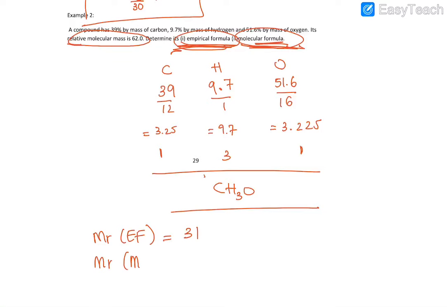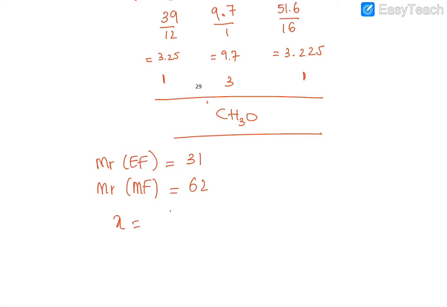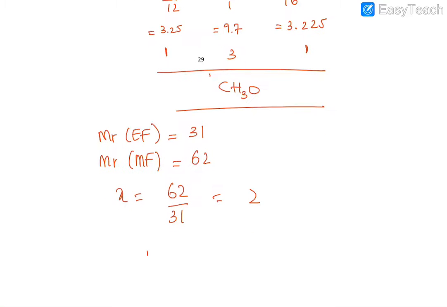Mr of molecular formula, this is given in the question. This is 62. Therefore, the value of X is 62 divided by 31. So that's 2. Therefore, the molecular formula is going to be 2 times this formula as a subscript. So C2H6O2.